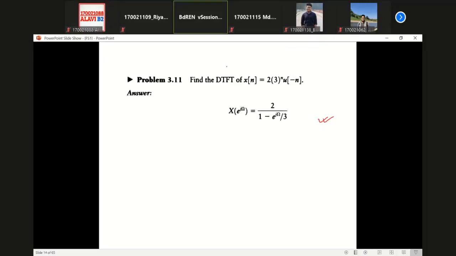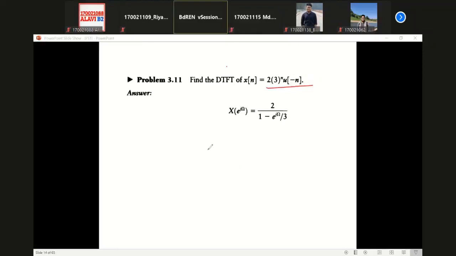Then this problem, e to the power this and this. Can you tell me, can you find the solution of this problem? Here in this case, the signal exists only for negative values of n.